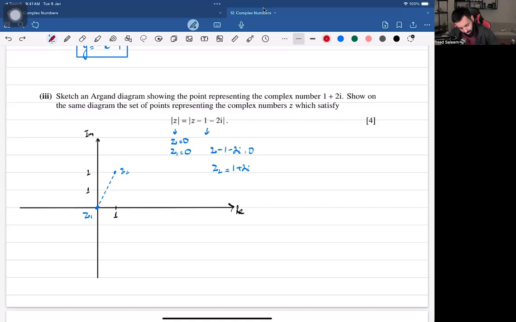So this is the perpendicular bisector of z1 and z2. And what is z1? z1 is 0. And z2 is basically 1 plus 2i. Okay, so four easy marks that you get. And it's not bad. It's pretty cool.